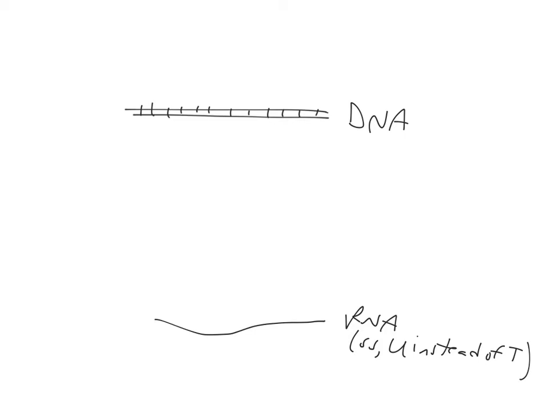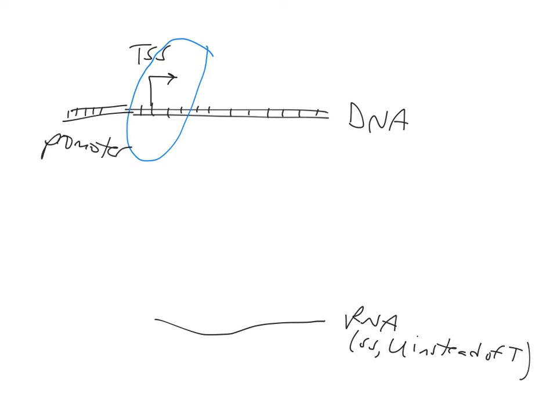RNA polymerase. Yeah. So somehow we have to get RNA polymerase to the transcription start site. So there's the transcription start site. Here's RNA polymerase. It's going to bind to the DNA and start transcription there. And that's the role of proteins that bind the promoter, which is a sequence in the DNA that's upstream or 5' of the transcription start site.